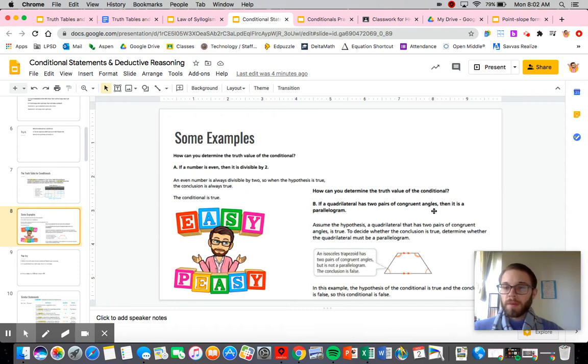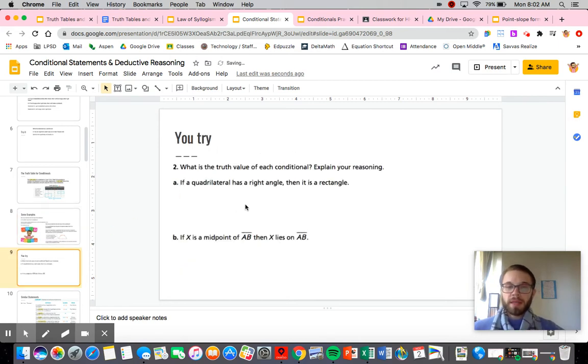So therefore, this conclusion is false, right? We've illustrated a situation where my hypothesis is true, but my conclusion was false, and therefore my entire conditional is false, right? So if we were to look at this particular example, what's the truth value of each conditional?